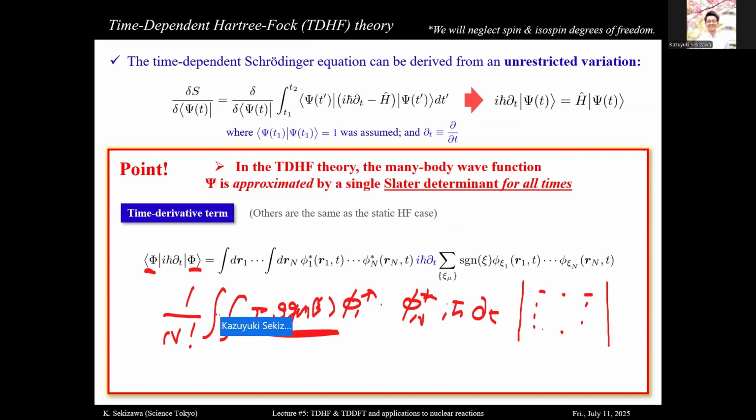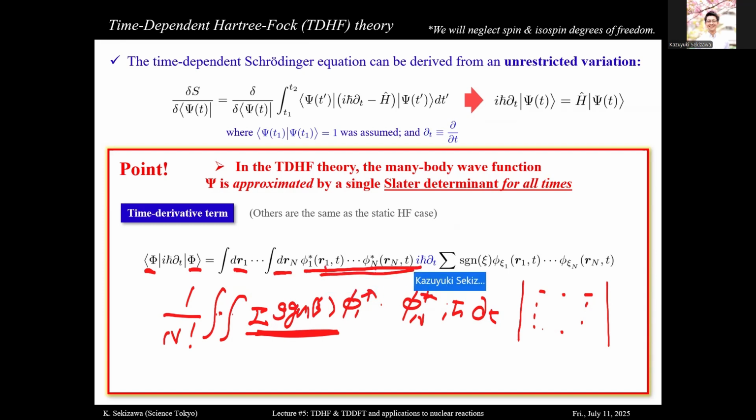But you can always replace the integration variables, and then you can make the bra state in this order: phi 1 R1, phi 2 R2, and phi n Rn.